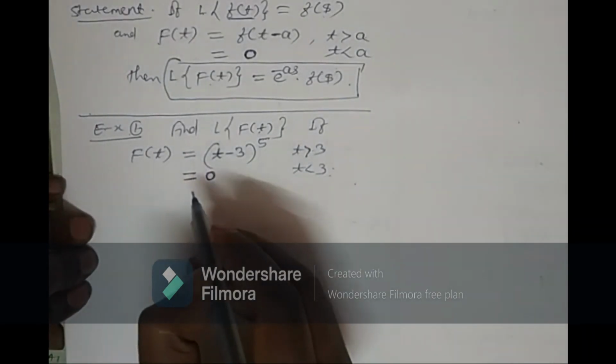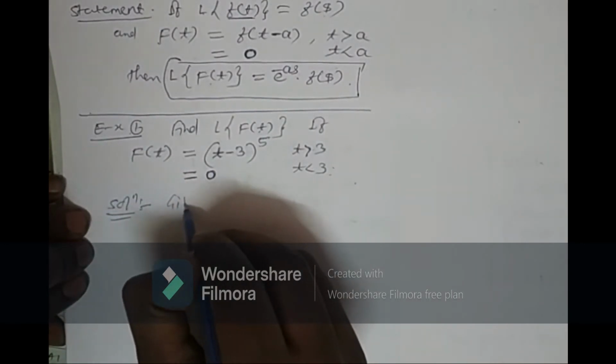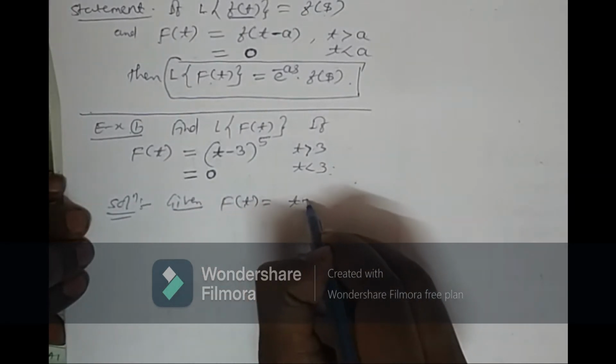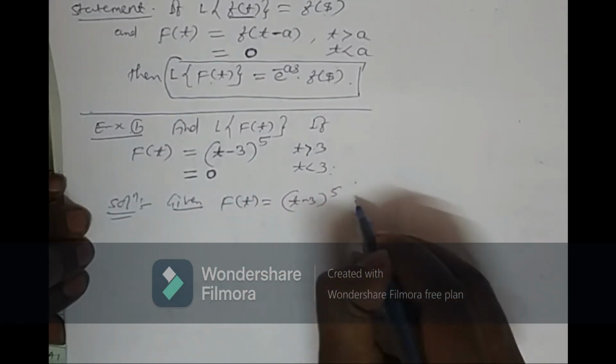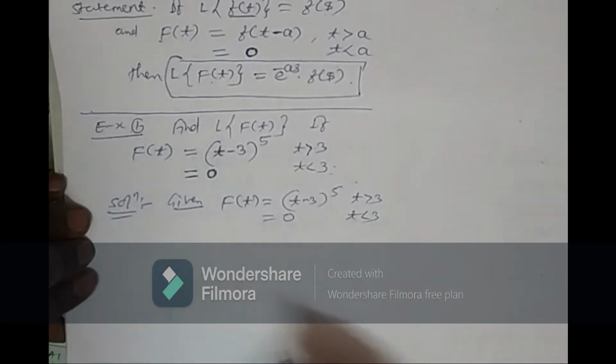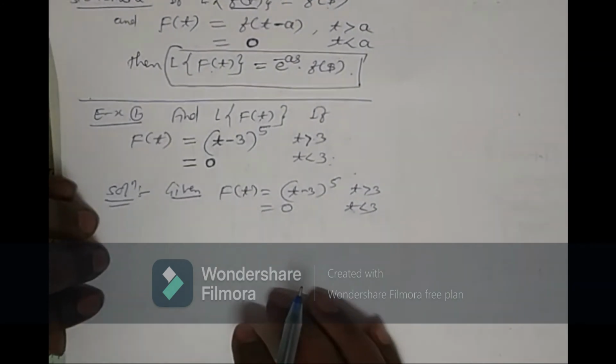Okay, now how to solve this? So solution. Given capital F of t is equal to t minus 3 raised to 5 for t greater than 3, and equal to 0 for t less than 3. So here is the small f of t. How to find small f of t here?